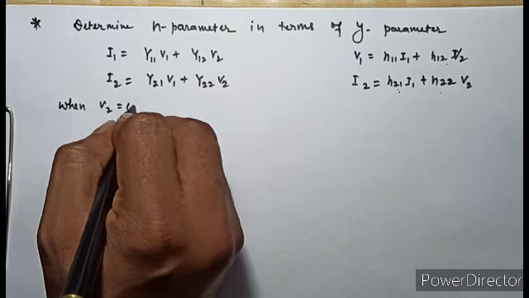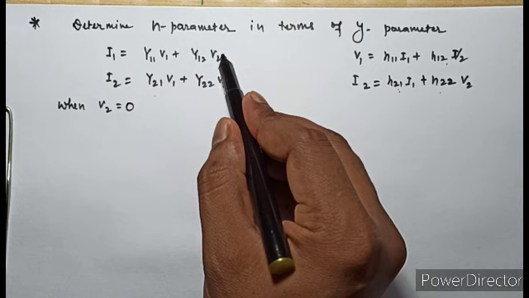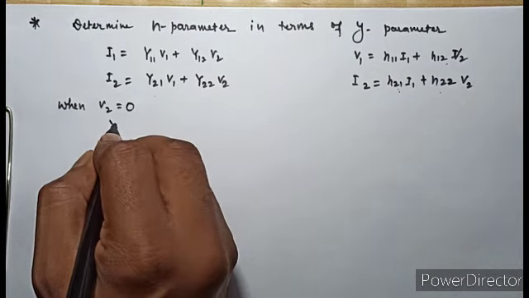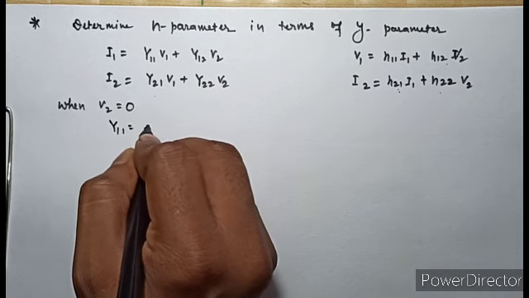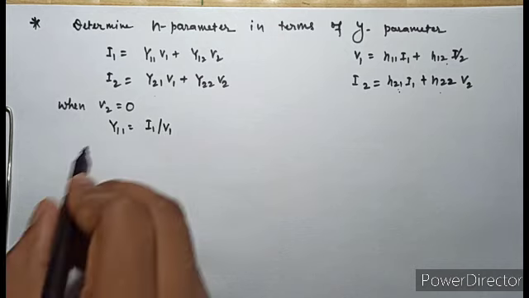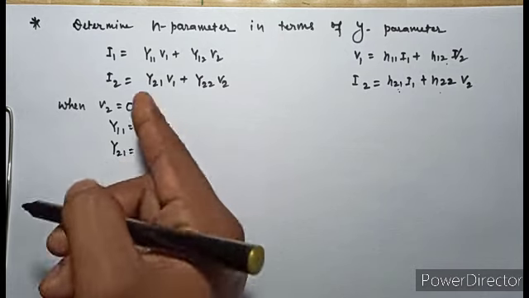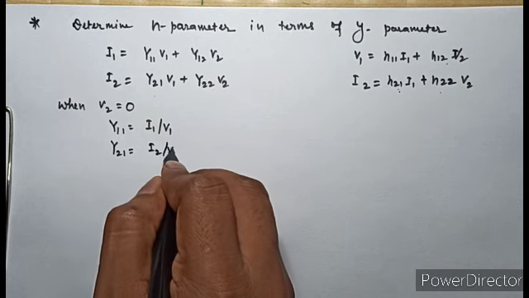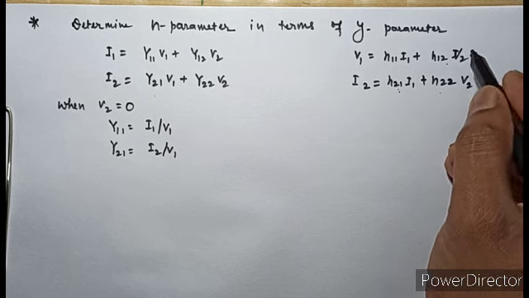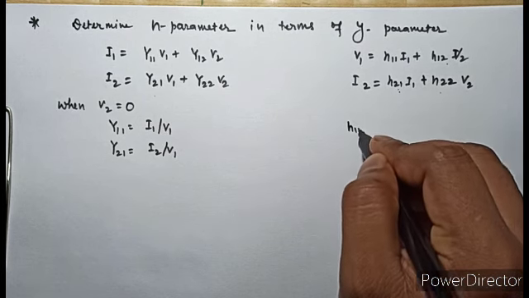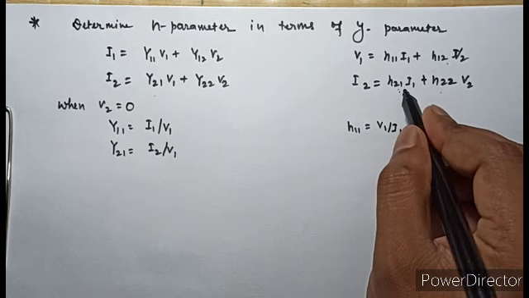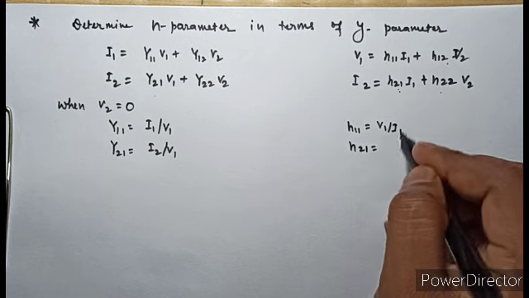Now see, when V2 is equal to 0, means we have set V2 as 0, our Y11 will be what? I1 by V1, and Y21 will be I2 by V1, isn't it? And from these equations, when V2 is 0, our H11 is what? V1 by I1, and H21 is what?